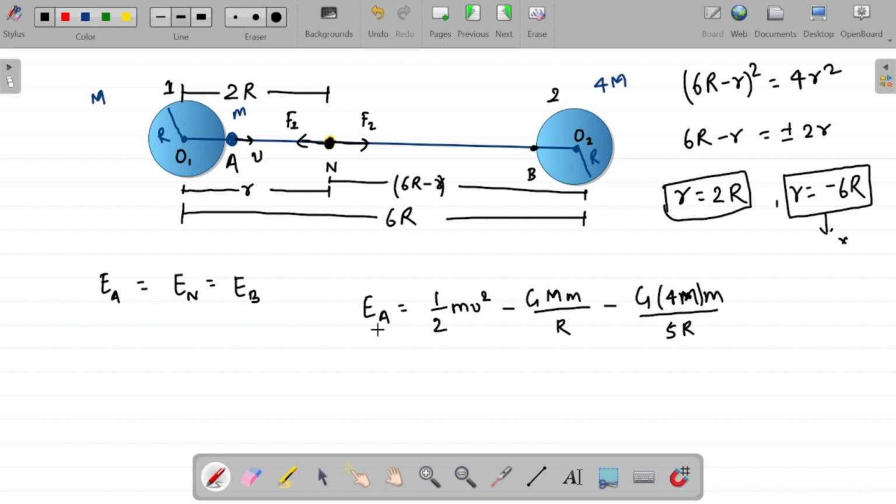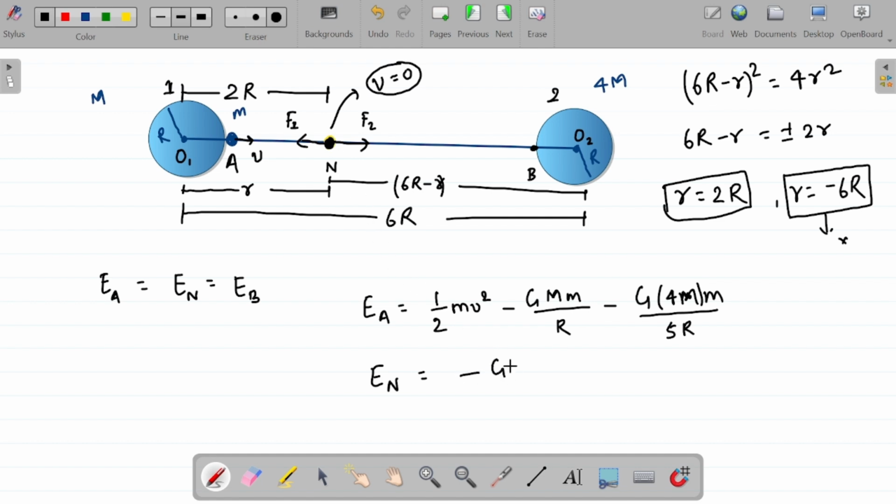So this is the energy at point A, and this should be equal to the energy at point N. At point N, we are considering that we have to throw this projectile such that it attains this position, so we are taking that this projectile comes to rest. In this case, the total mechanical energy will be only potential energy.